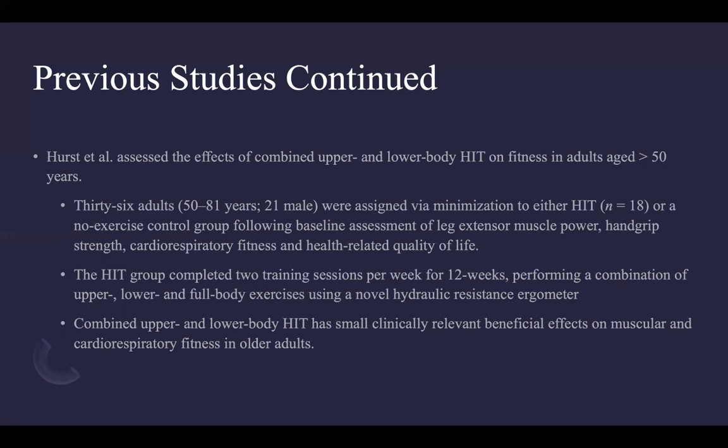The HIIT group completed 2 training sessions per week for 12 weeks, performing a combination of upper, lower, and full body exercises. So the combined upper and lower HIIT had beneficial effects on muscular and cardiorespiratory fitness in older adults.